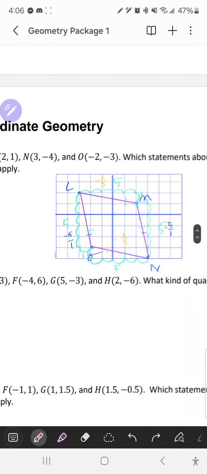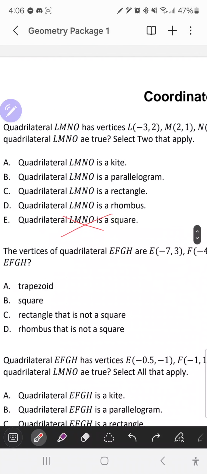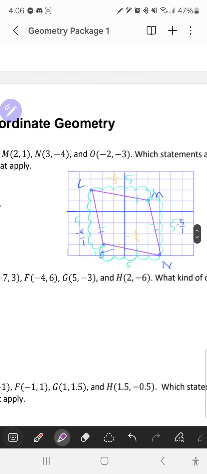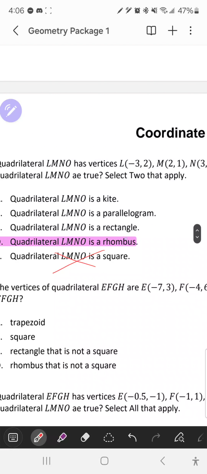Now, rhombus. As you can see, the four sides are equal, and that's basically a requirement for a rhombus. So yes, we can say that quadrilateral LMNO is a rhombus because the four sides are equal. Now, is it a rectangle?